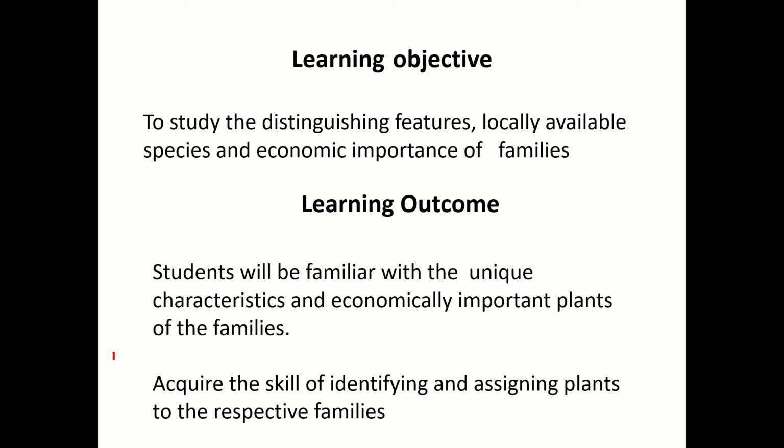The learning outcome, therefore, will be to make students familiar with the unique characteristics and economically important plants of the said family, and finally to acquire the skill to identify and assign plants to the respective families. See, this is a very important purpose of learning taxonomy, right? We should know how to identify the plants correctly and assign them to respective families.